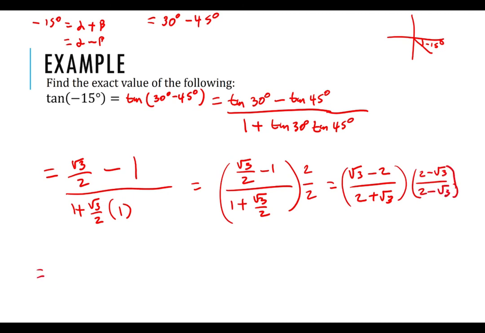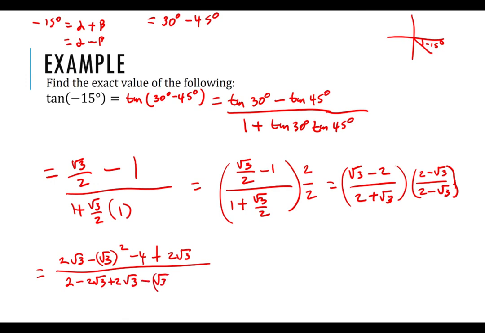And so then that would be 2 root 3 minus root 3 squared minus 4 plus 2 root 3 all divided by 2 minus 2 root 3 plus 2 root 3 minus root 3 squared.